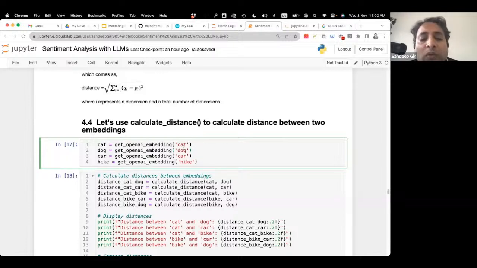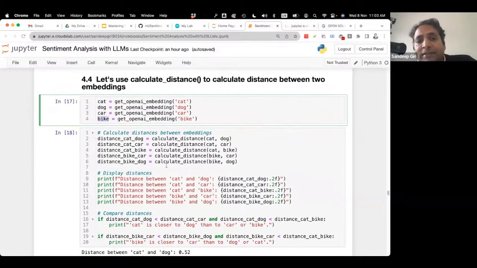So basically, we are using the embedding here. We are calculating the embedding of cat, putting it in a variable called cat. Here, this is a text because it is inside the single quotes. This is a variable. So this is going to be an embedding, another embedding, another embedding, right?